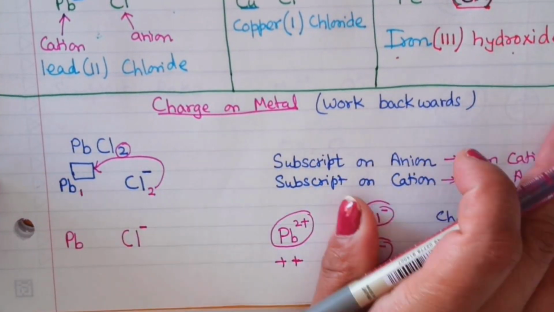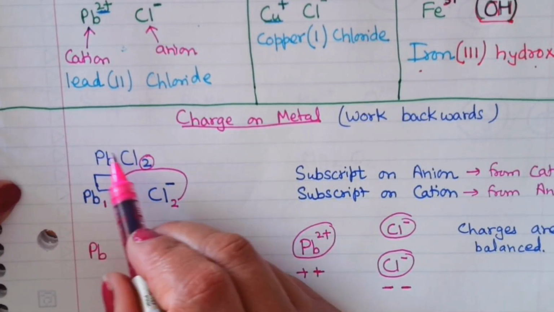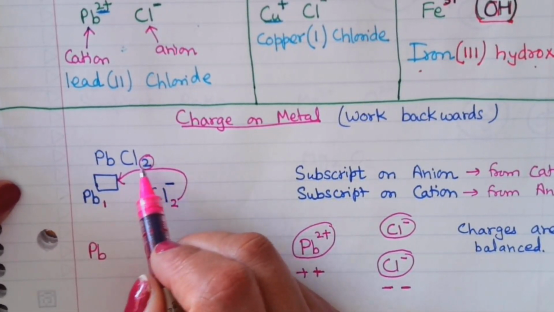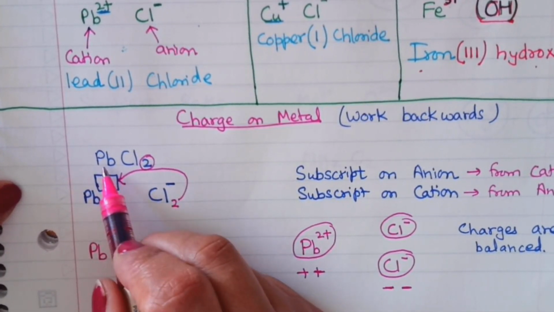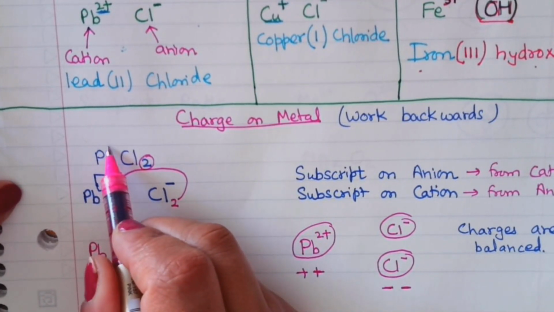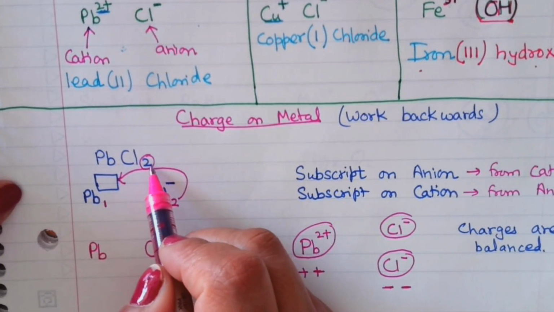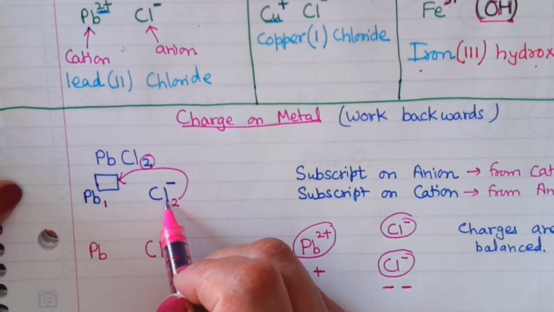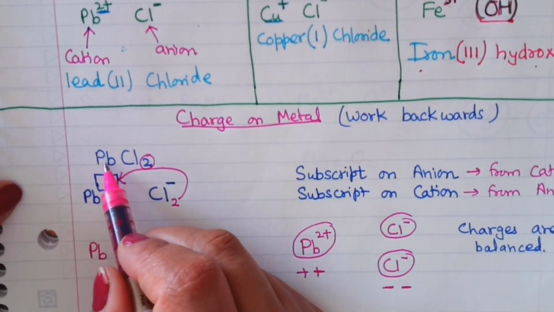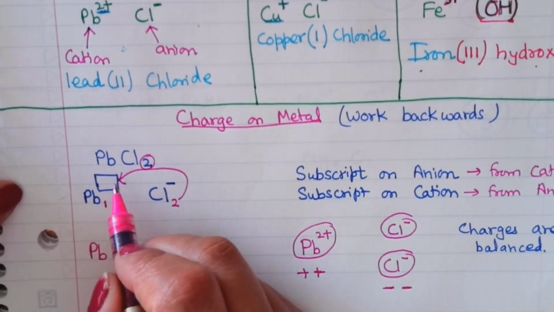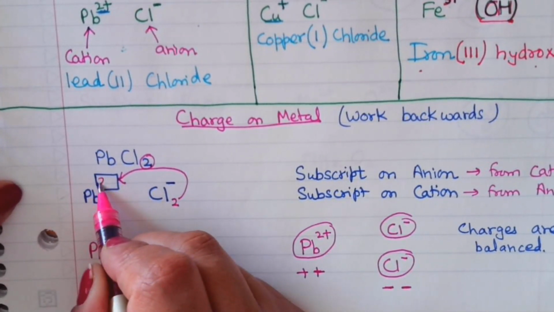So now if I ask you to name this compound PbCl2, I don't know what the charge on the metal Pb is. So first of all I have to isolate the metal. So this is the metal. Now look at the subscript on the anion. So that too kind of comes from the metal. Always remember, metals always make cations.